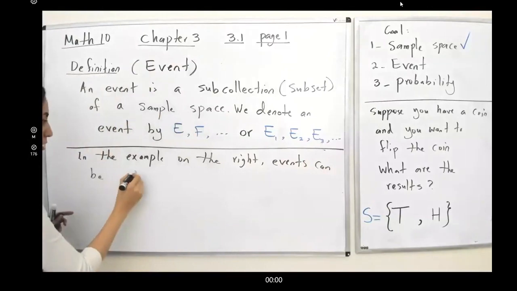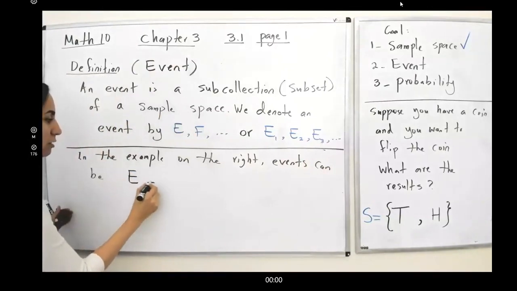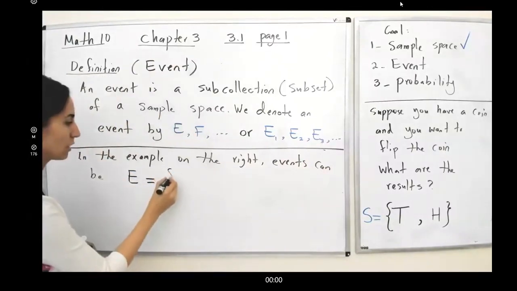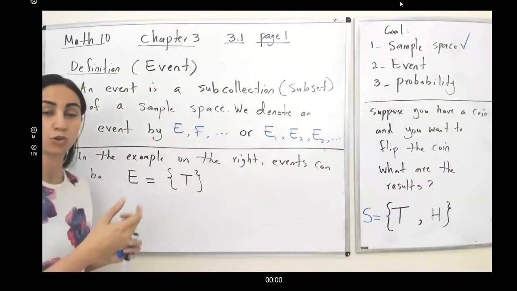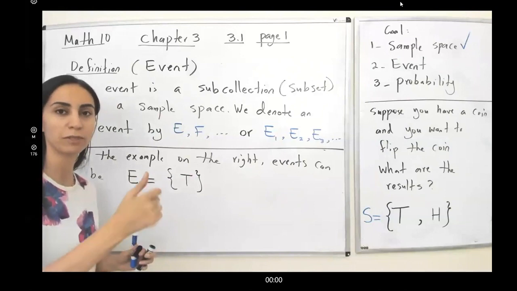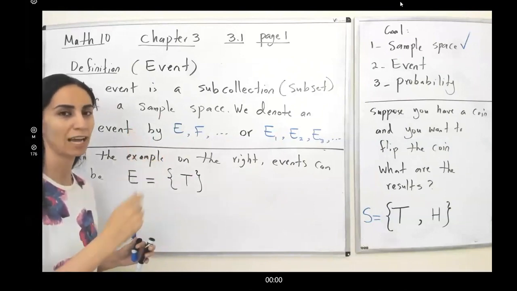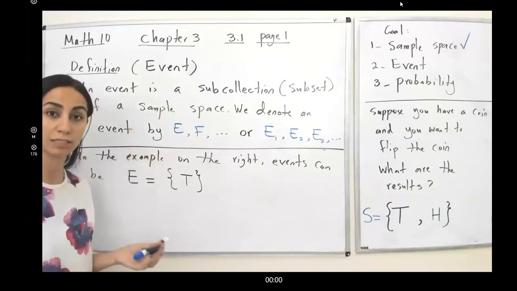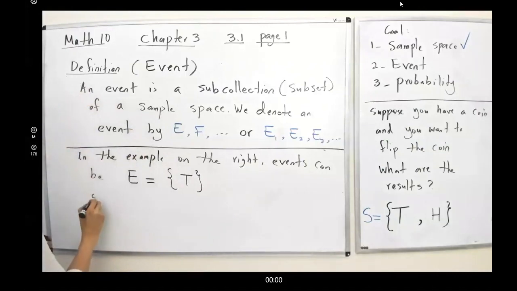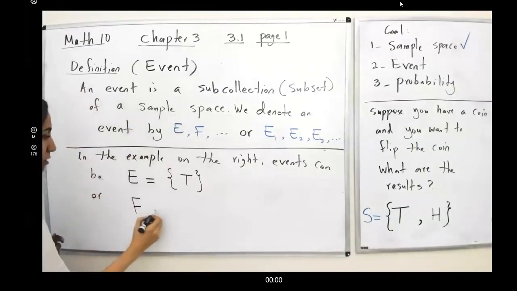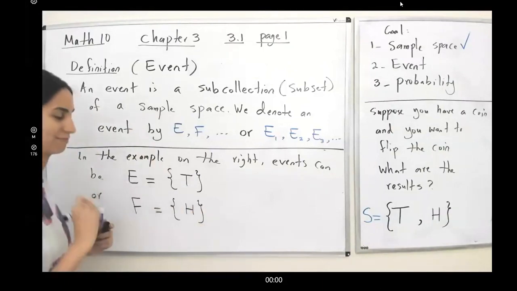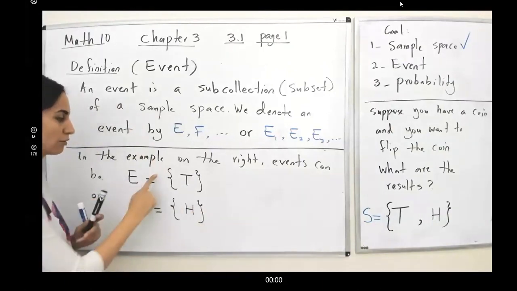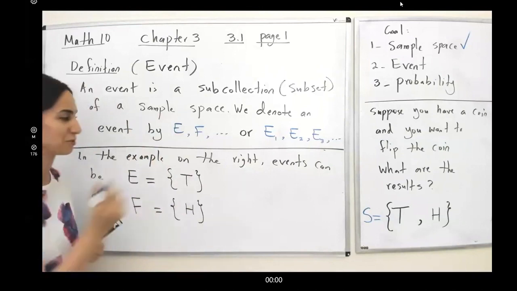So, event E can be having just tail. You have a coin and you flip it once. You might have a tail. The second event or another event can be having the head. We have two events here.